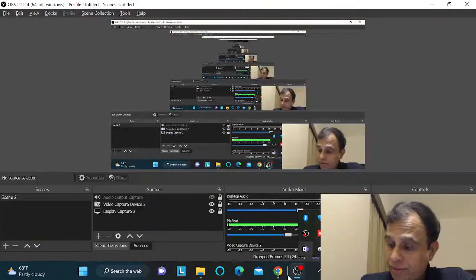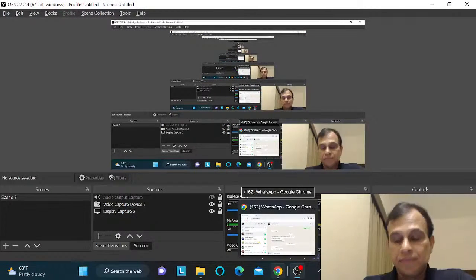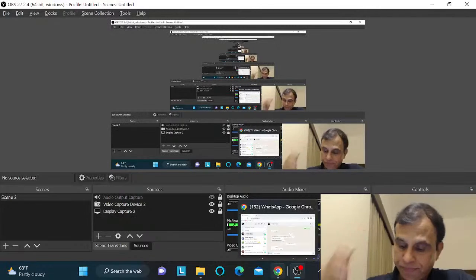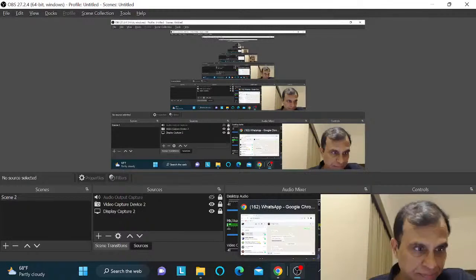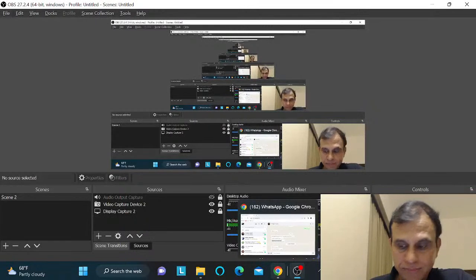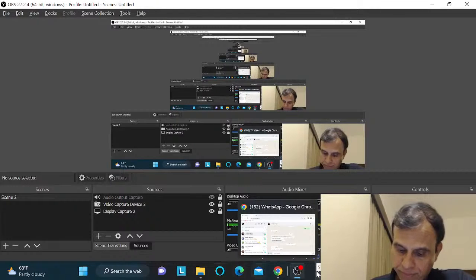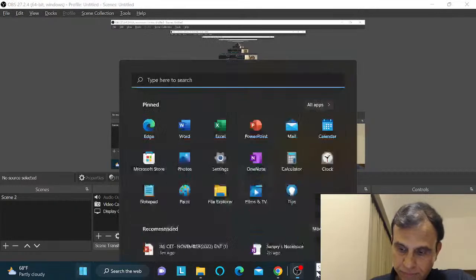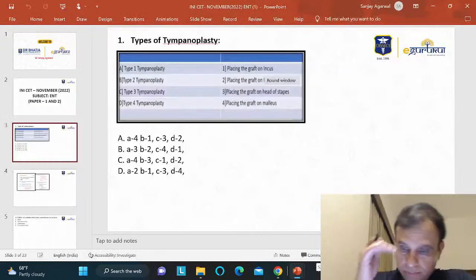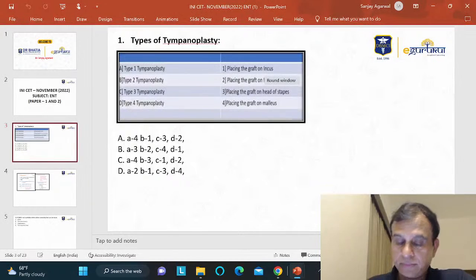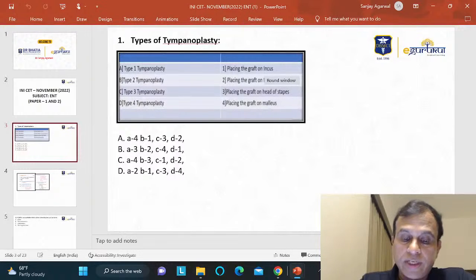So you all know that type 1 tympanoplasty, the graft is placed over the malleus, this one.